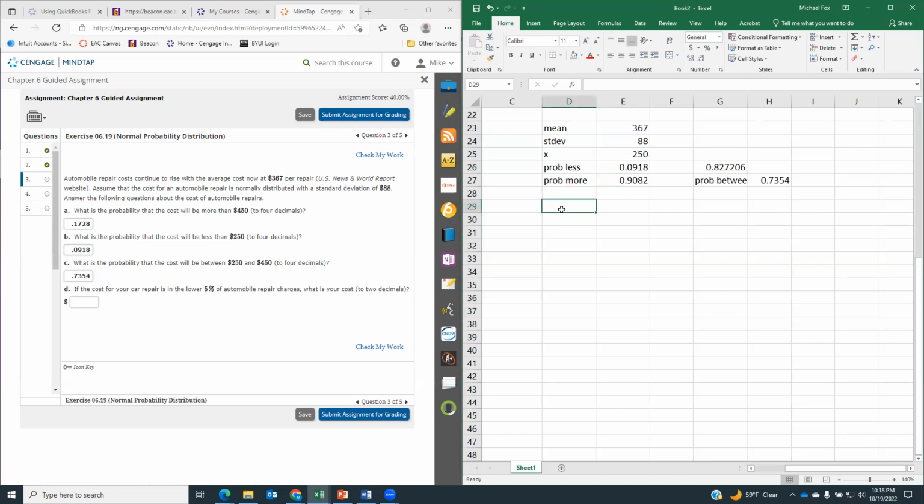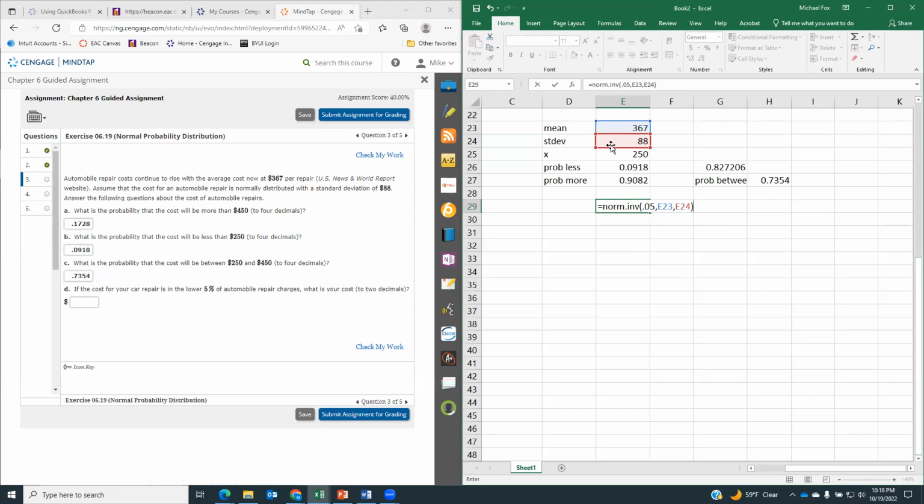So when we're given a probability and we're trying to find a value of X, we're going to use a function called equals norm.inv, for the inverse of normal. There we put in the probability, so 5% or 0.05, the mean, comma, and the standard deviation.